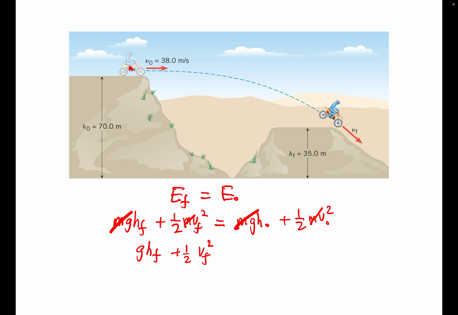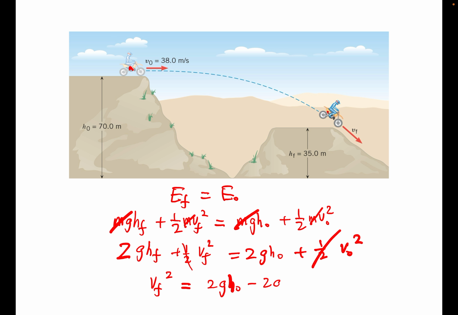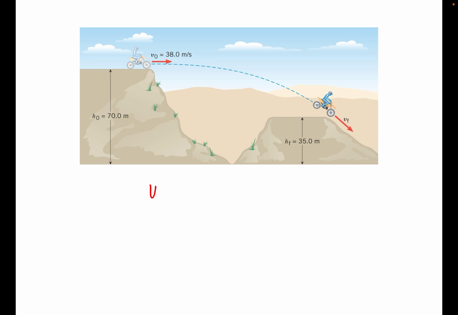I think maybe it's easier if we also multiply each of the terms by 2. And we want to solve for the final speed, just speed. So we get the equation that we can solve for our final speed.